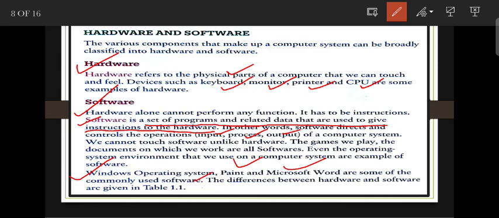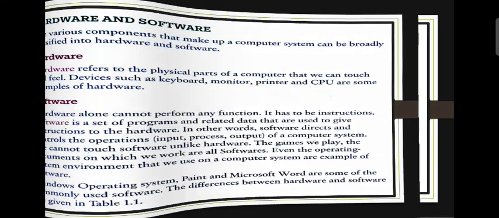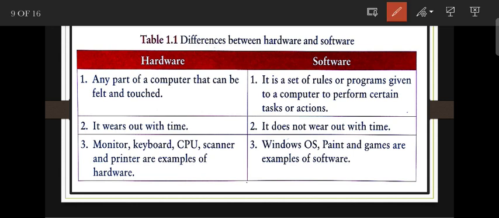Now the difference between software and hardware. Any part of a computer that can be felt and touched is hardware, but we cannot feel or touch software. Software is a set of rules or programs given to a computer to perform a certain task.